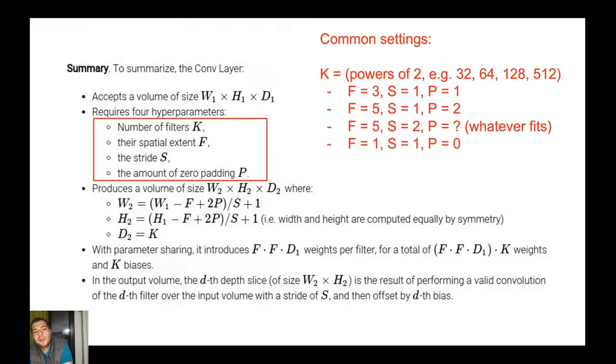And the padding is set in order to make sure that the filters fit on the image, and stride can be 1 or can be even higher than 1, depending on how many layers you want to include in the architecture and so on. So we're going to discuss more of some architectures that were proposed in literature and are very famous, and you will see how these are configured.